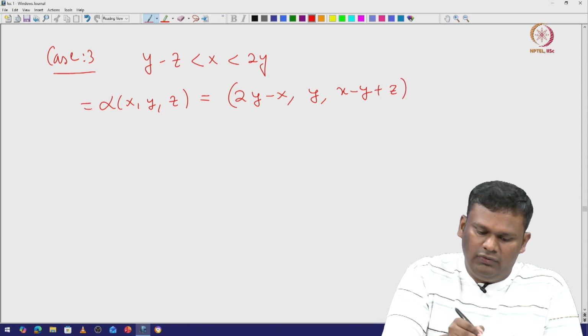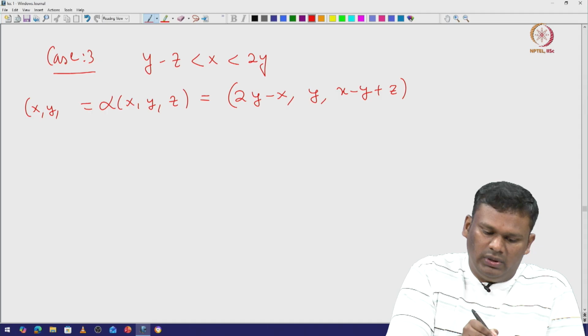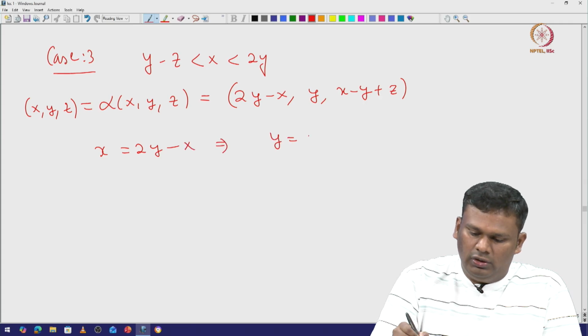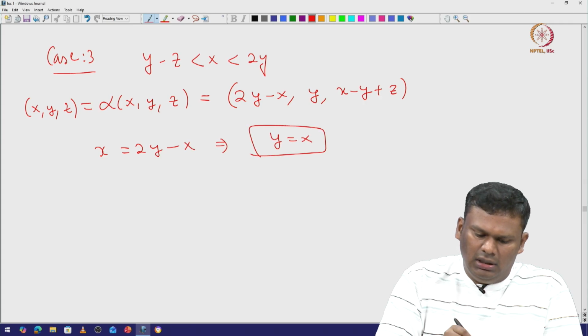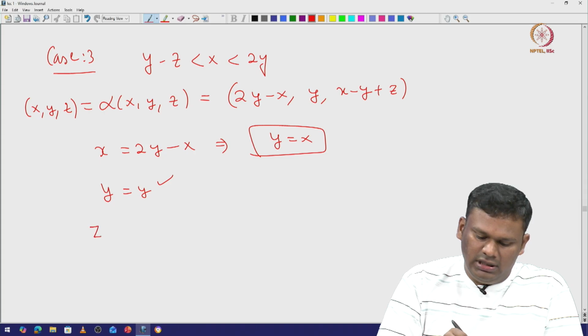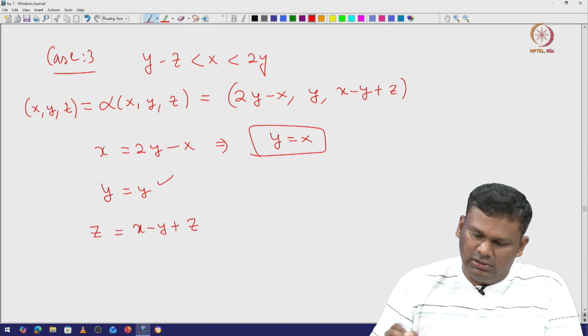Okay, we want it to be x y z. So, that tells you that x equals 2y minus x, that would imply y equals x. Now, y equals y, so the second equation is okay, and the third equation is z equals x minus y plus z.